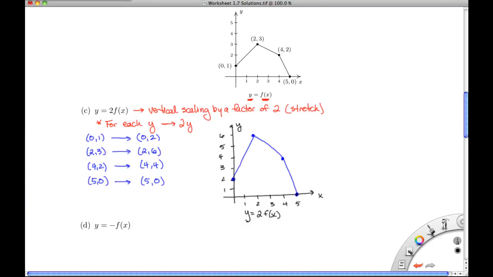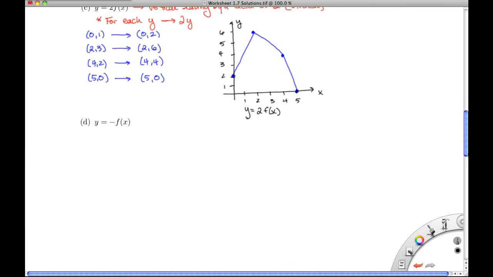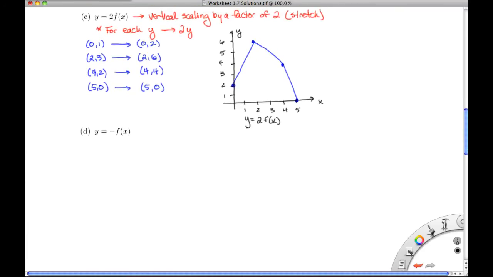And then for our last one here, we've got y is equal to minus f of x. By taking the function and multiplying the entire thing by negative, which is what we're being asked to do here, this is going to change the sign of every single y-coordinate, and that's going to affect an x-axis reflection.